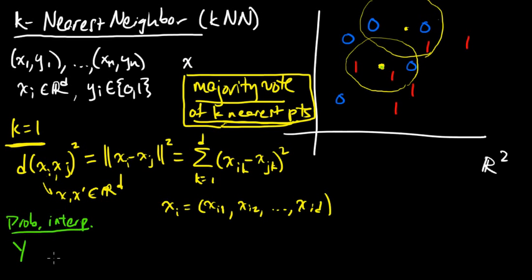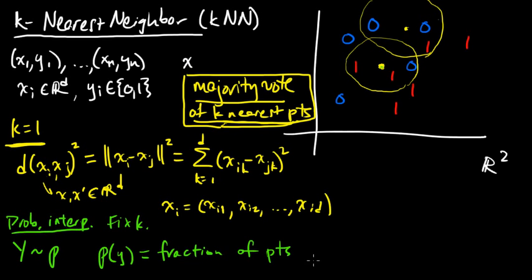Define a random variable y with PMF p, where p of a value little y equals the fraction of points. So we fix our data, we fix some point, we fix k, and this is the fraction of points. Let me call N_k(x) these nearest points, these 3 nearest points in this case when k is 3.